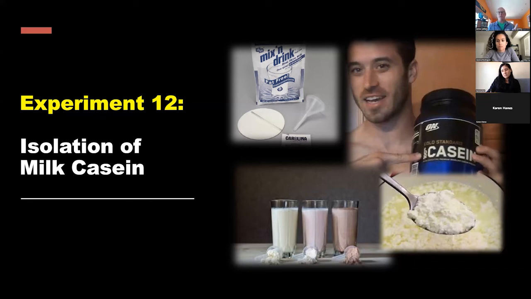So what we're going to be doing today is looking at the structure of protein in milk, the main protein in milk called casein. Milk is a great source of protein and lactose, as we found out this morning. But the structure of casein is really interesting. So I want to go over that with you today, because it's going to be important to how we do the experiment.